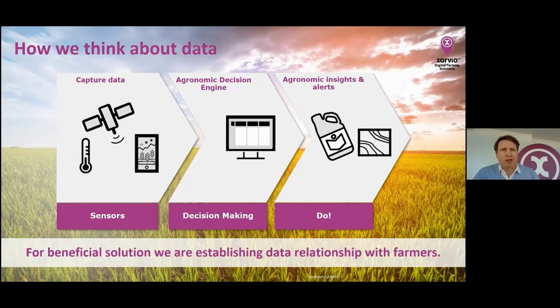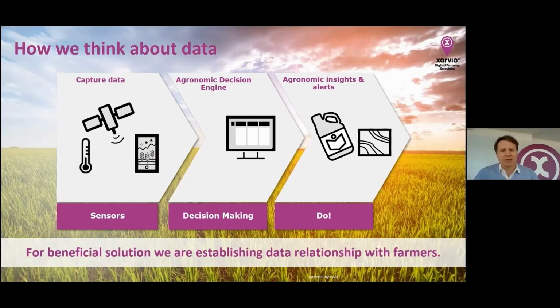You see when we think about our offerings in digital farming, it always starts with data. We want to provide growers with agronomic insights and alerts at the end of the day. But to do so, we first need to better understand what is really happening locally on their fields, what is happening on their farms. And for doing so, we use a lot of data sources like satellites, weather information, but also information the farmer provides to us with, for example, the scouting app, which will be explained later on.